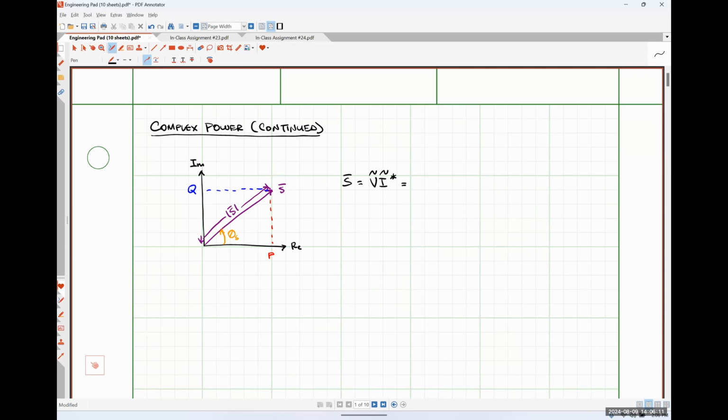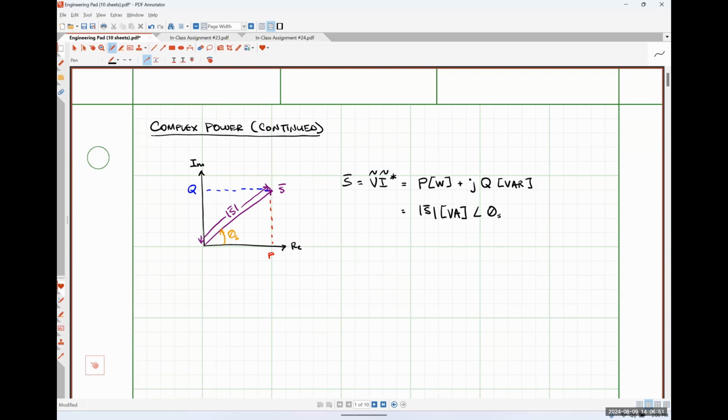And then in rectangular form, this becomes average power measured in watts plus jQ, reactive power measured in vars, is equal to apparent power measured in volt amperes with an angle of our power factor angle, theta S. So I tried to encapsulate everything as best I could here pretty quickly.